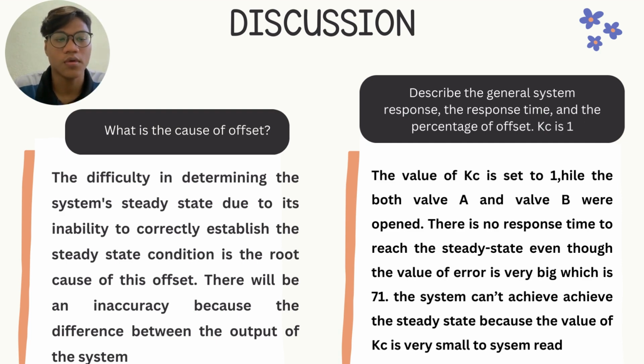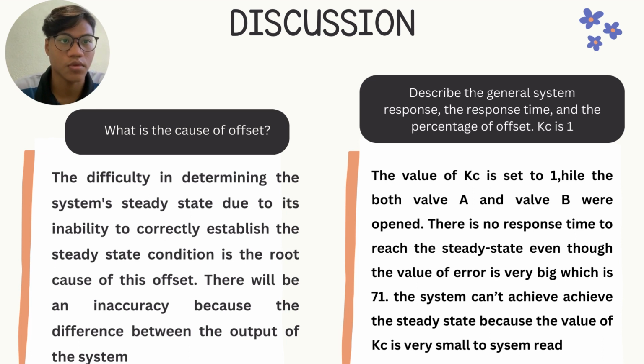So for discussion 2, we describe the general system response, the response time and the percentage of offset when KC is 1. In this task, the value of KC is set to 1, while both valve A and valve B were open.